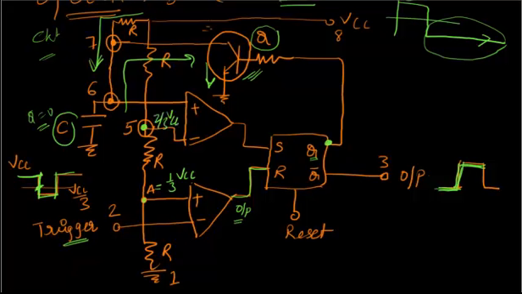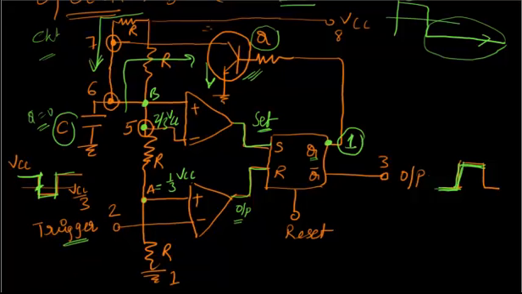When this voltage, suppose this is B, goes above 2/3 VCC, this flip-flop S input is again set. When this is set, again this becomes 1, and again the cycle is repeated. So I hope you understood the operation. If not, please go back and listen again.